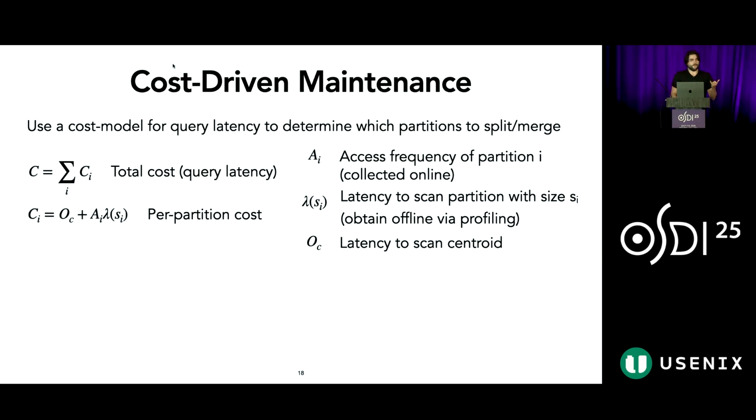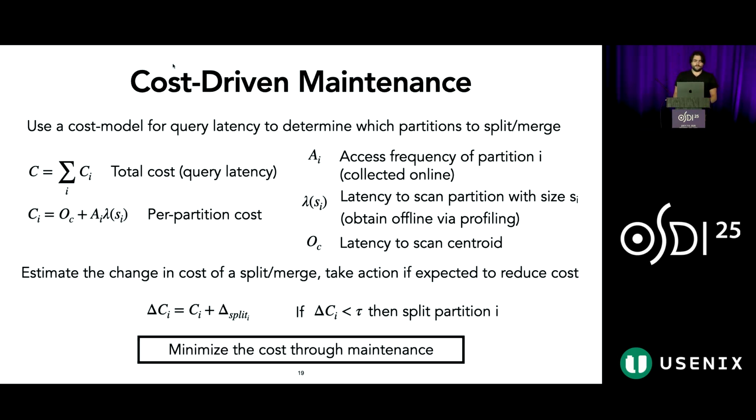And then there's a little bit of overhead for each partition due to the centroid. You have to scan that centroid for every query. And so the idea here is that we estimate the change in cost from splitting or merging, and if that action is estimated to reduce the cost, then we take it. This allows us to minimize the cost model through maintenance.